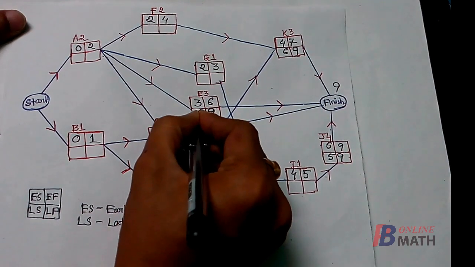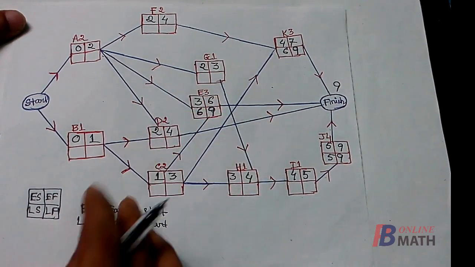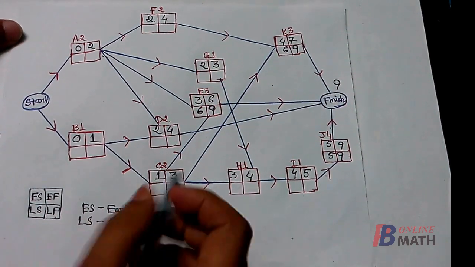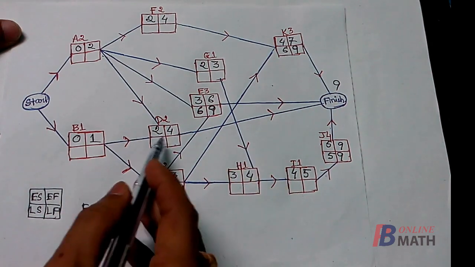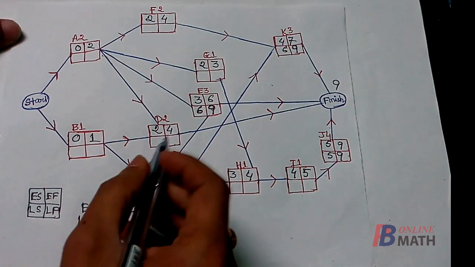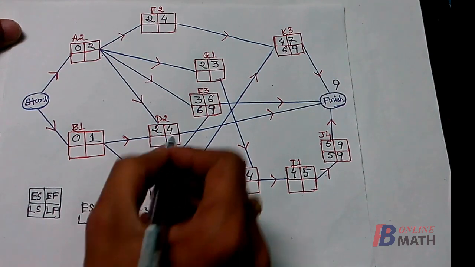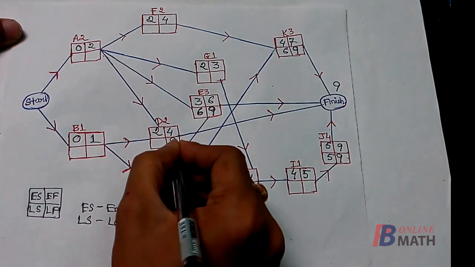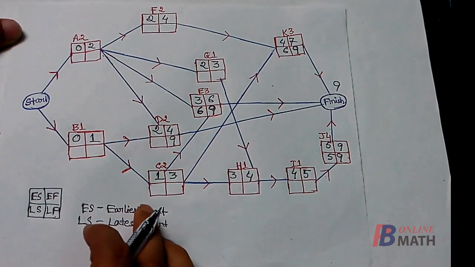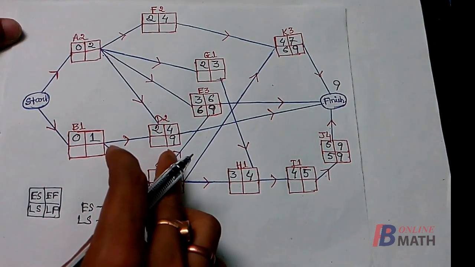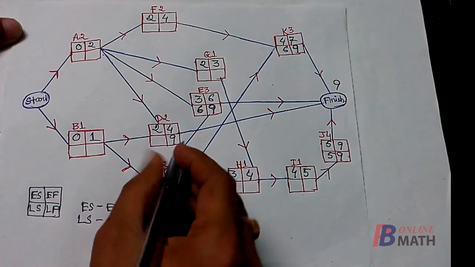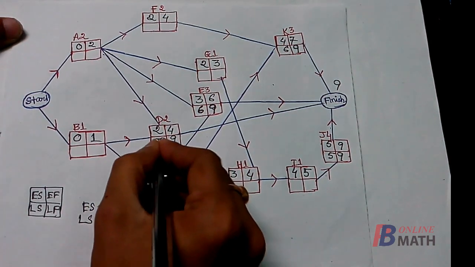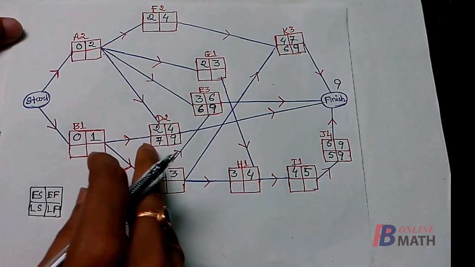So 6 is the latest start time of the activity E. Okay, next consider the activity D. Again we find that the latest we can finish the activity D should be 9, because this is the last activity of this path. So 9 is the latest finish time of the activity D, and it requires 2 weeks. So 9 minus 2, 7. 7 is the latest start time of the activity D.